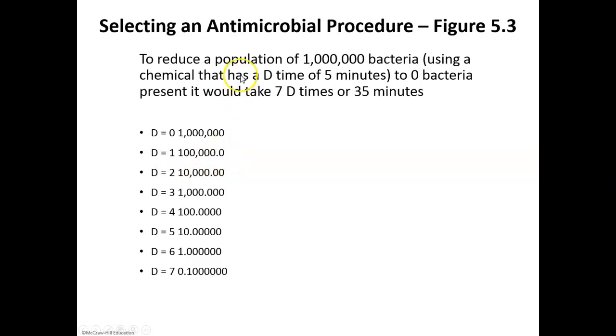Another way to do that, it's known as decimal reduction time. So you move the decimal over 1 place to the left, and you go from 1 million to 100,000. After 2 times, you move it over 2, you get 10,000, then 1,000, 100, 10, 1, and less than 1, that means there's no cells remaining. So it takes 7 D times, and since the D time is 5 minutes, we take 7 times 5, and we get that 35-minute time limit.